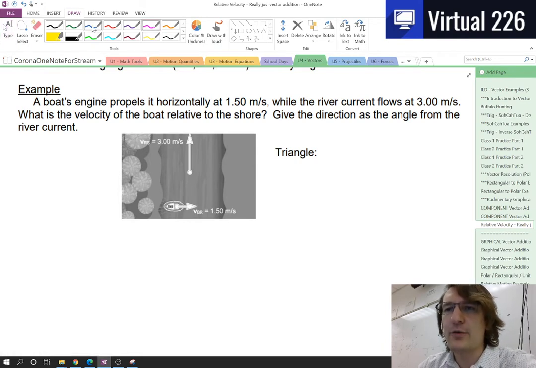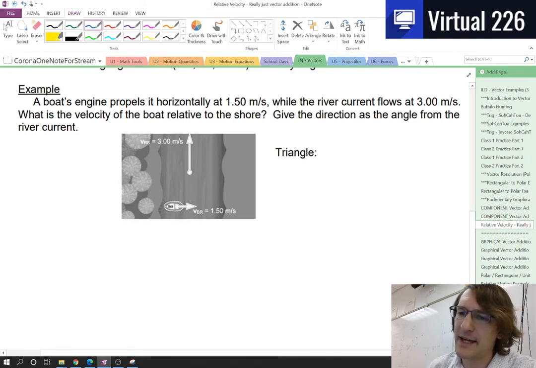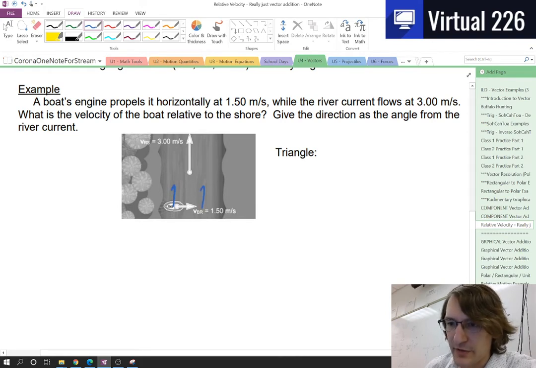So if we put this boat on a lake where there's no currents or whatever. It's a giant swimming pool lake, stillest, glassiest water you've ever seen. This boat, with respect to that water, is going to have a velocity of 1.5 meters per second, okay? And if we think about that in a different way, this boat is moving down the stream as all the other pieces of water are moving down the stream.